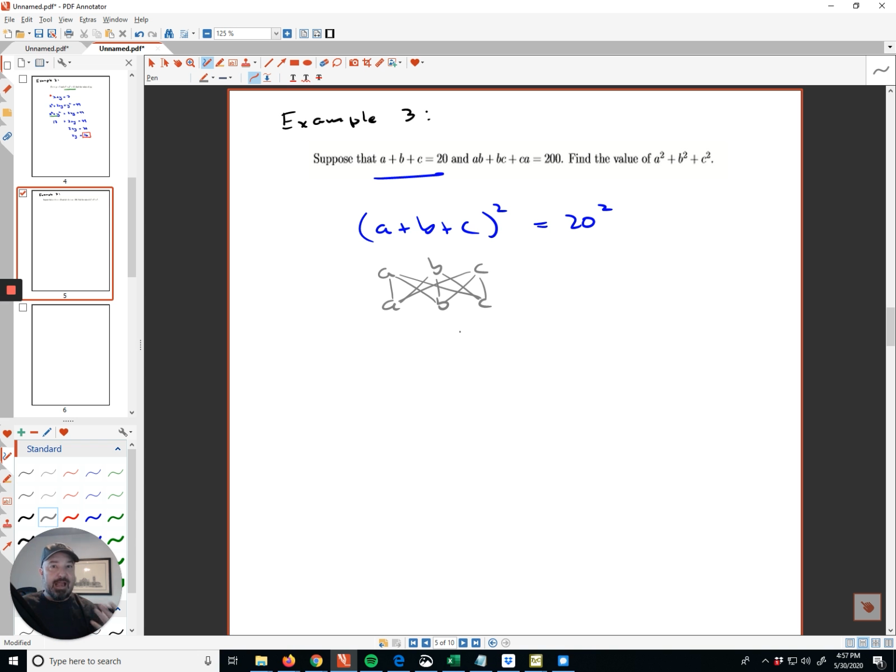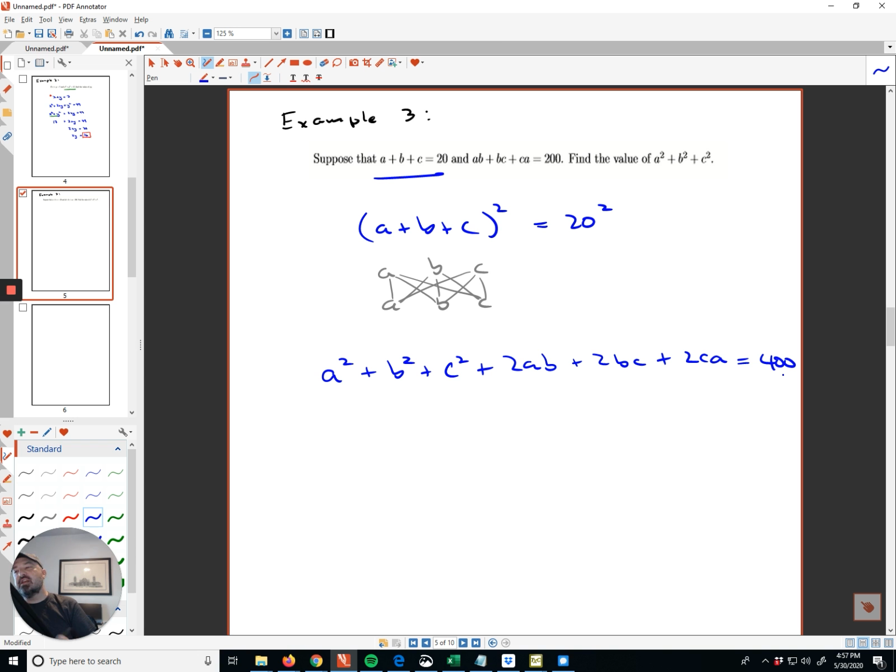I'm a big fan of counting while I do my algebra, just to make sure that I have the right numbers of terms and the correct coefficients. So when we add all that up, we wind up with a squared plus b squared plus c squared plus 2 times the products of the 3 variables taken 2 at a time. And on the right-hand side of the equation, we simply have 400.